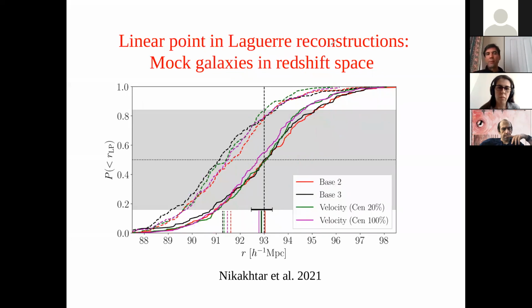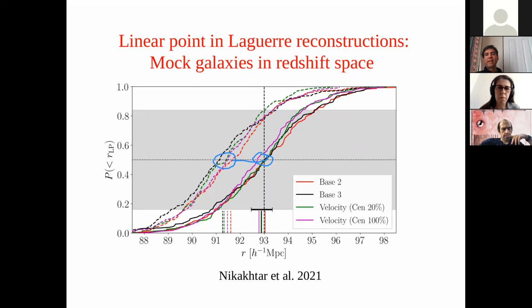And this is our Laguerre way of doing it. So now I've expanded the scale because I'm not looking at the peak scale, just at the linear point scale. And so here's the offset from the answer that it should be, and then here's the value once we've done the reconstruction.